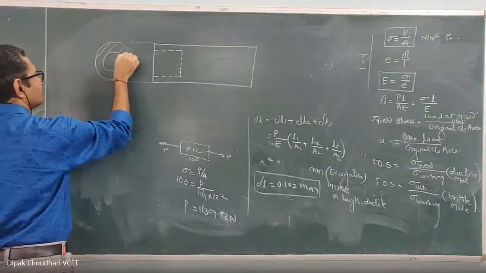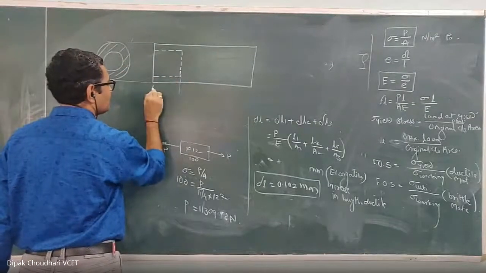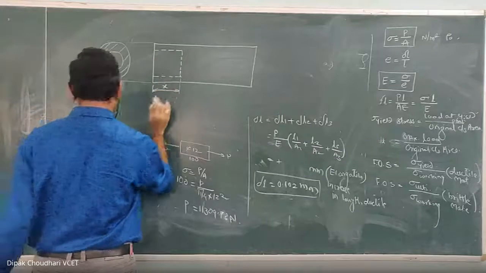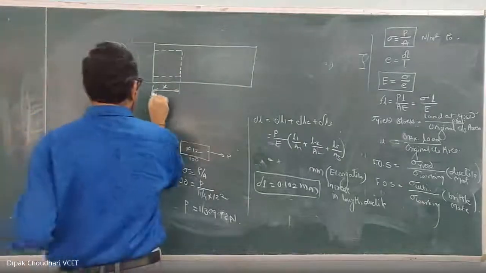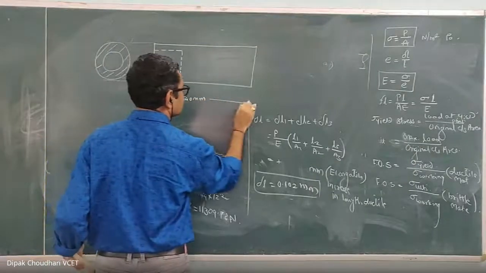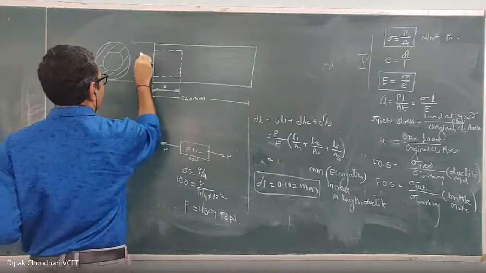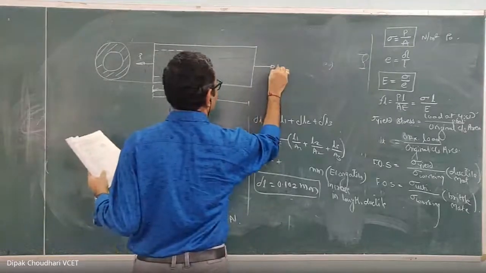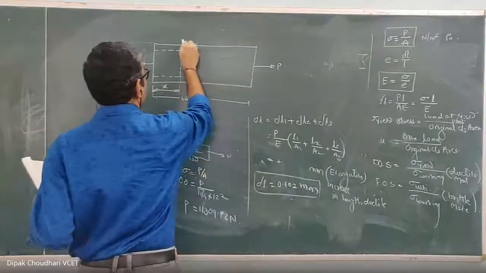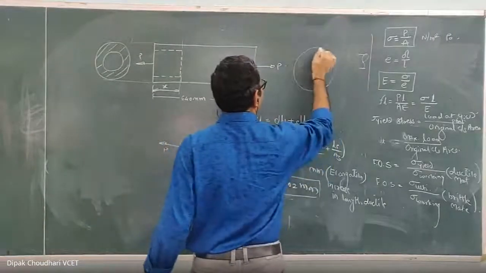This is the area. The depth of this circular hole is up to x. The total length of this rod is 640 millimeter, and this rod is subjected to an axial force P. From here to here, this is a solid circular part.